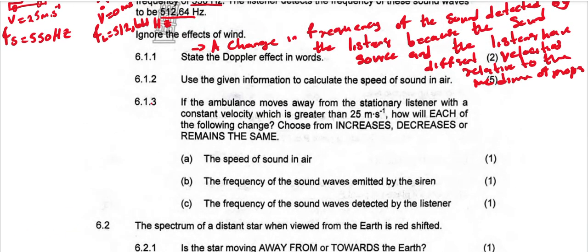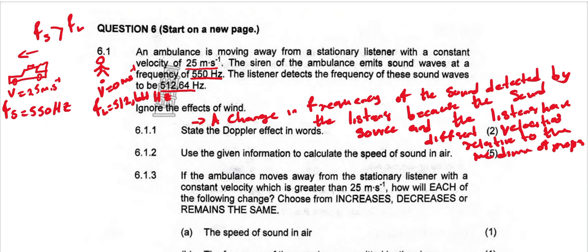So now let's come here and answer this 6.1.3. They say if the ambulance moves away from the stationary listener with a constant velocity which is greater than 25 meters per second. Now in this scenario, on our drawing, the ambulance is still moving away as it is, but the velocity now is greater than 25, but it's constant.